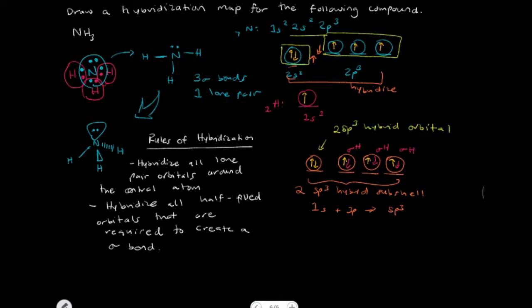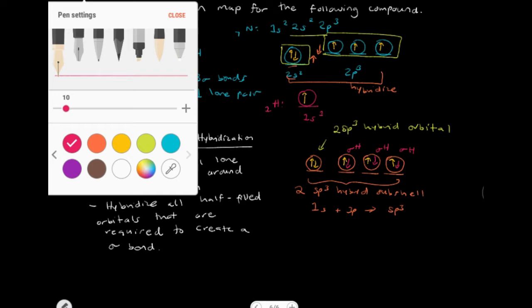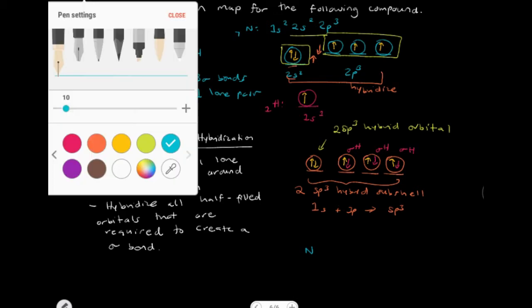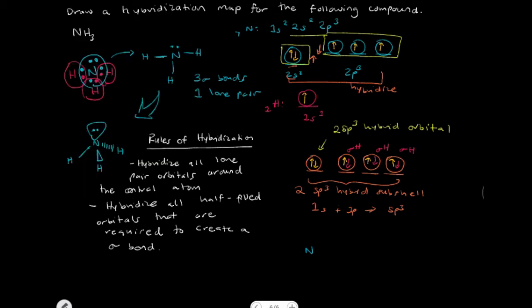Right now, I'm going to draw this using a hybridization map, using this as a template. And we basically have these 2sp3 hybrid orbitals. The way we're going to show this, nitrogen, right? And we can note here that if we're creating an sp3 hybrid, you have a combination of a p subshell and an s subshell. Sorry, a p orbital and s orbital.